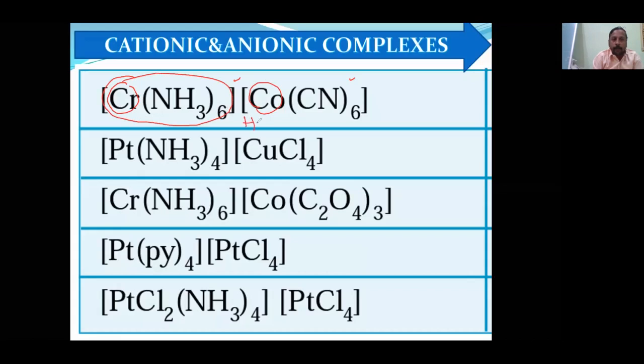It will be hexa, hexaammine. Next it will be chromium. Oxidation number of chromium is as usual 3. I have completed this positive ion, then I will switch over to the negative ion.